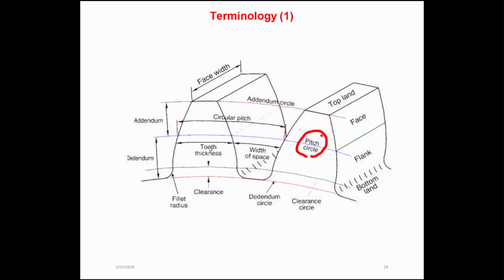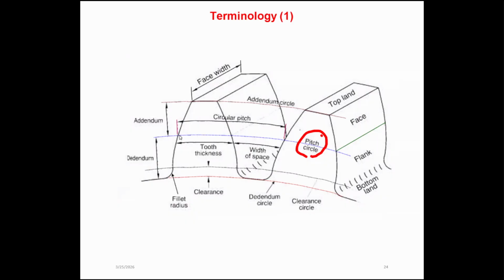This is not a real circle, so it is not tangible, but we consider this pitch circle as the correct diameter of the wheel. So it's a kind of average, but not at all. In the common scenario, we can say that it is the average, but it is not, right? I hope you got my idea.